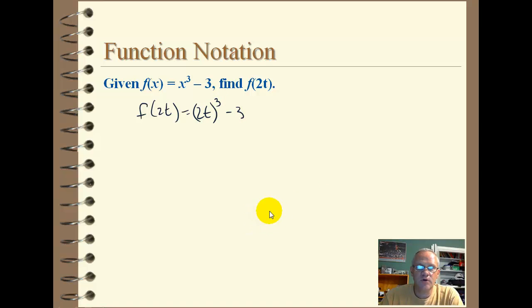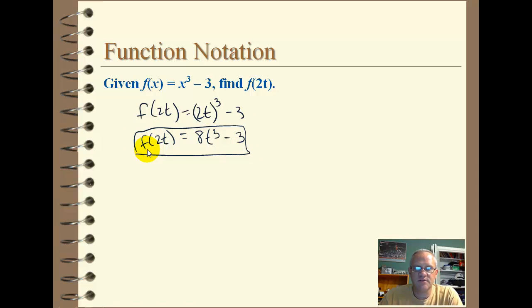Let's work it out. This whole 2t gets raised to the third power, so 2 to the third power is 8, and then t to the third power is t to the third, and then we have minus 3. Can I simplify that anymore? No, that's it. T to the third and 3 are not like terms, so that's as good as I can do. So my final answer here would be that f of 2t equals 8t to the third minus 3.